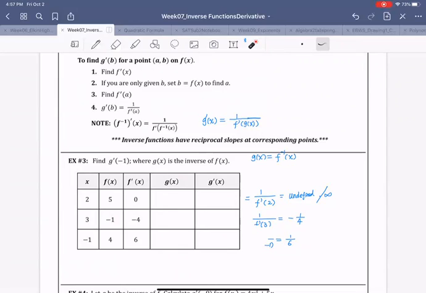So g prime of -1 is equal to 1 over f prime of g of x. How am I supposed to solve for g prime of -1 if I don't even know what g of x is? Because you need to plug g of x into f prime.